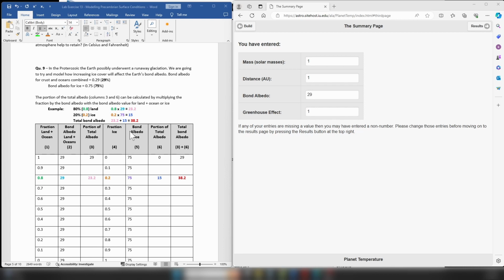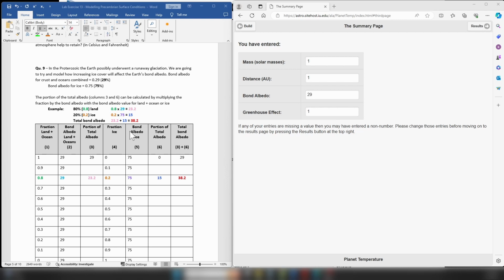Based on the evidence observed for rocks of that age, it's been suggested that a significant portion, or possibly all, of the Earth's surface was covered in an ice sheet. This event is referred to as Snowball Earth, and it's addressed in great detail in the Proterozoic portion of the Precambrian geology lecture.